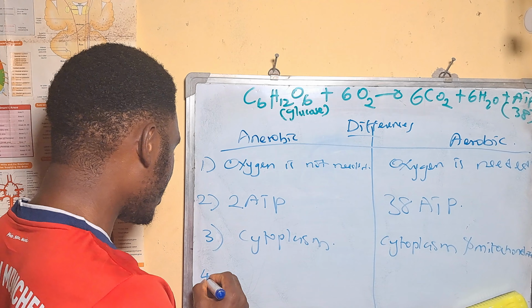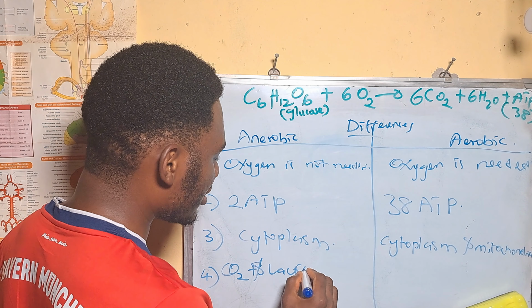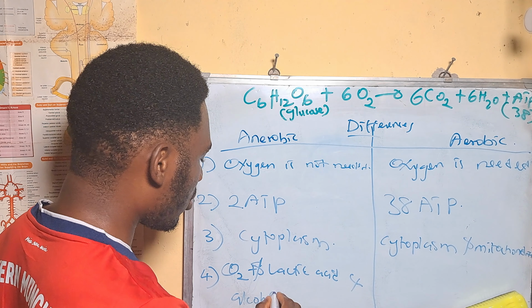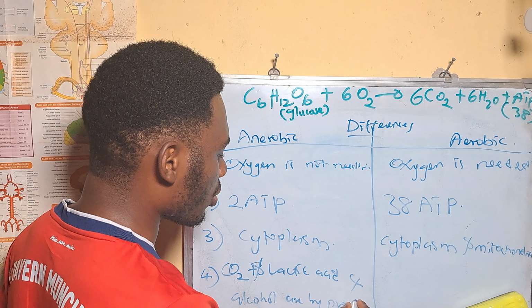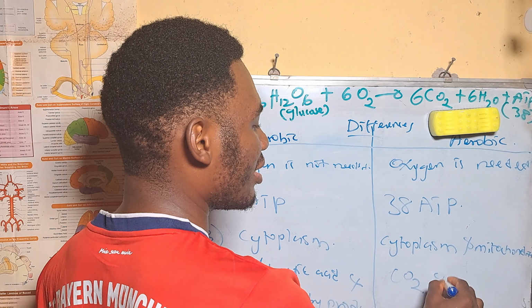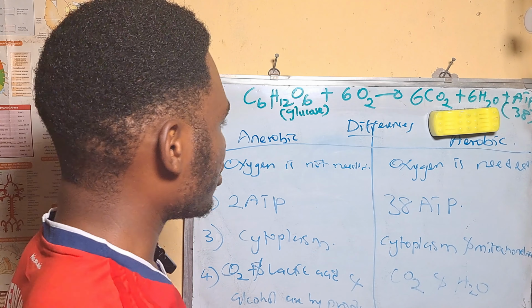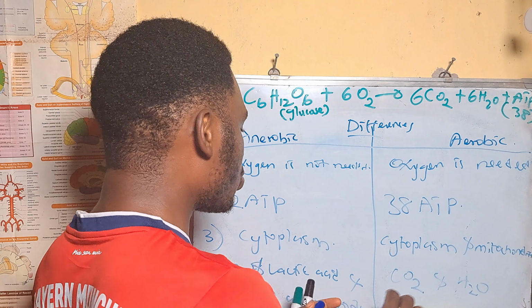Our last difference is that here carbon dioxide, lactic acid and alcohol are byproducts, but here our two major byproducts are just carbon dioxide and water in aerobic respiration.